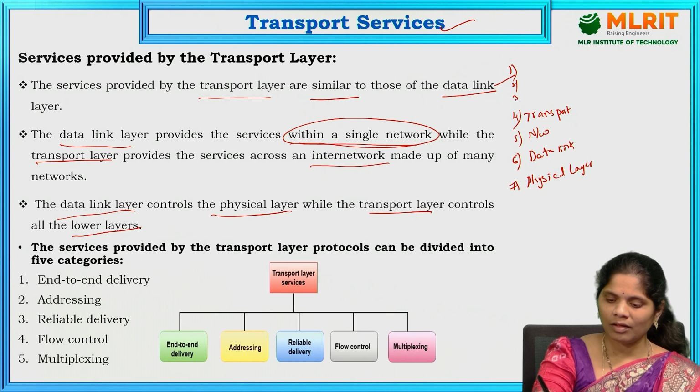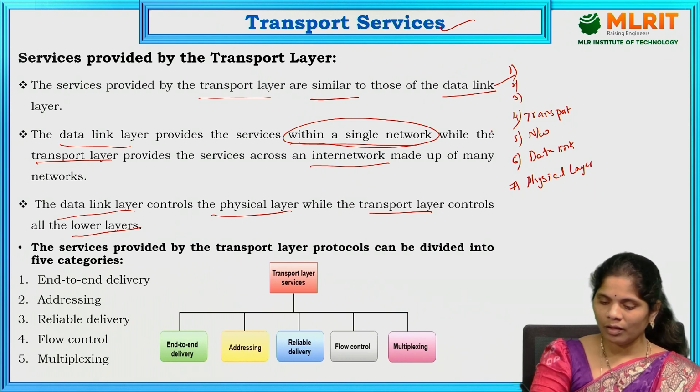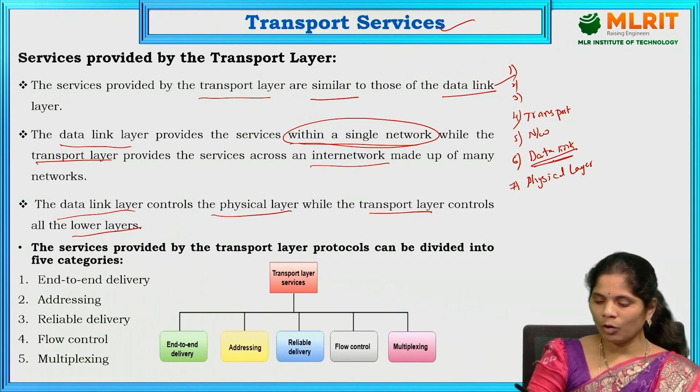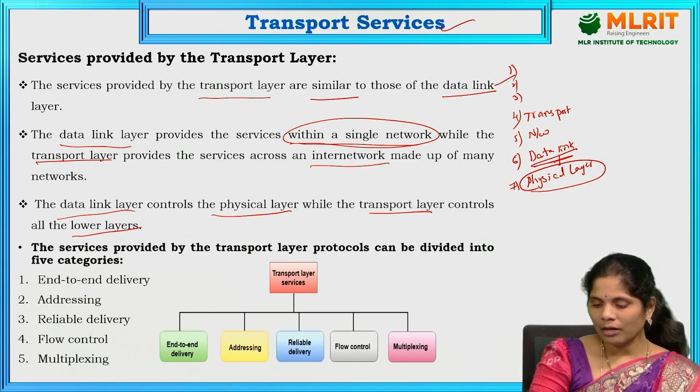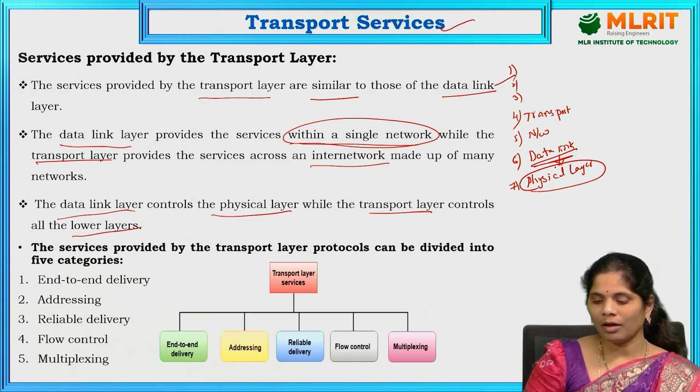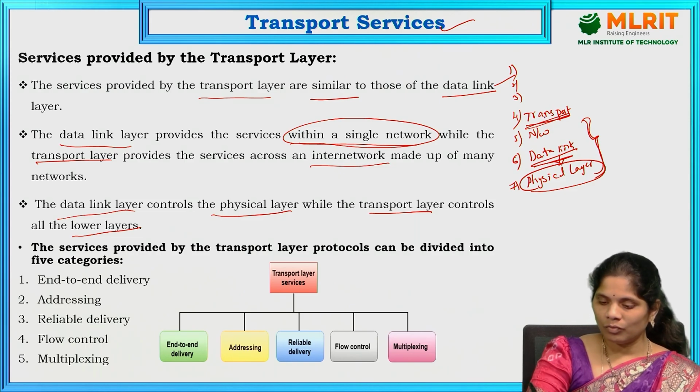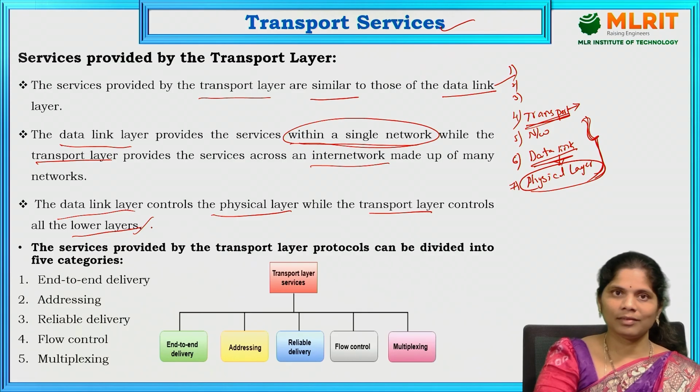So the lower layer for the data link layer is only the physical layer; the data link layer controls only the physical layer. For the transport layer, the lower layers are the network, data link and physical layers. The transport layer controls these 3 lower layers. That is the meaning.